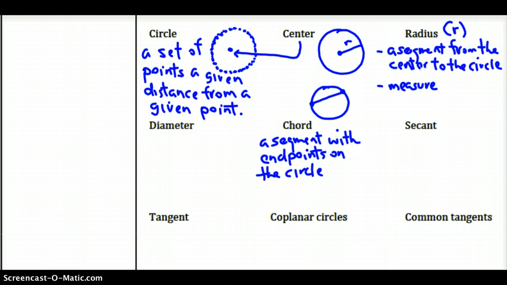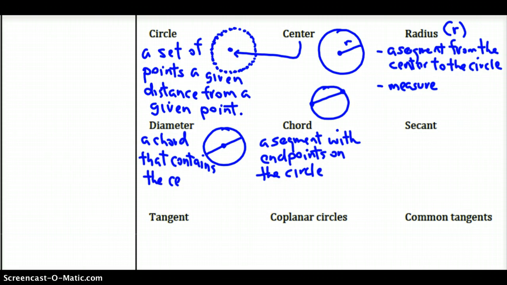Now a diameter, if you take a look, we can call that a chord that contains the center. It's also the longest chord in the circle. Now a secant looks like this.